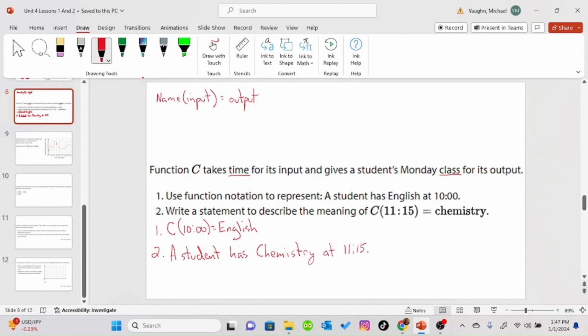So this is how we can take a description, use a word problem, and turn it into function notation, or take function notation and turn it into a statement.